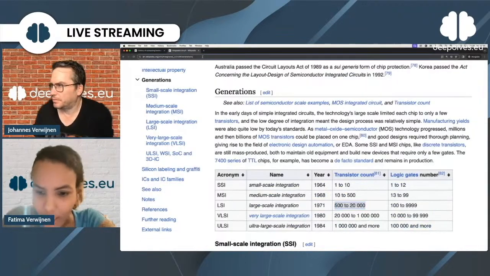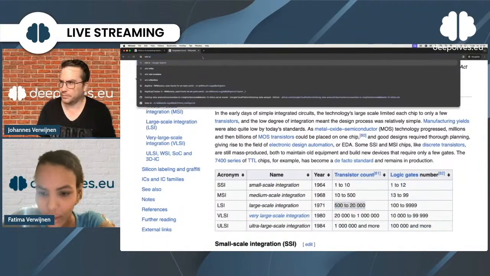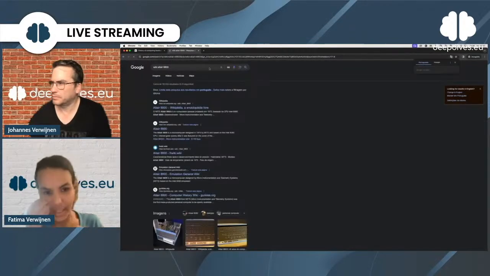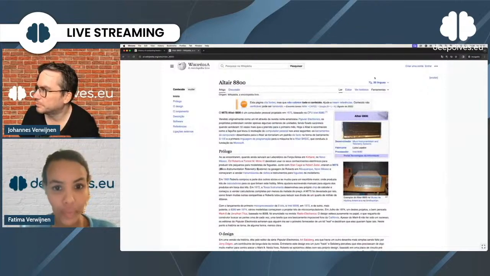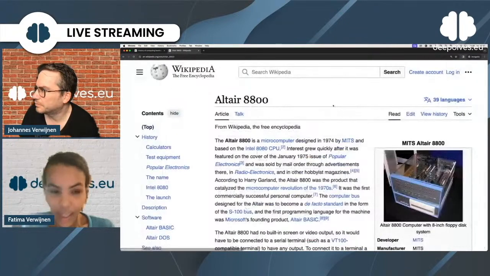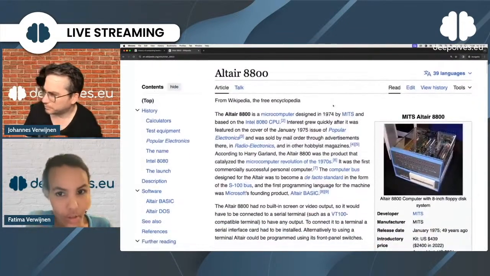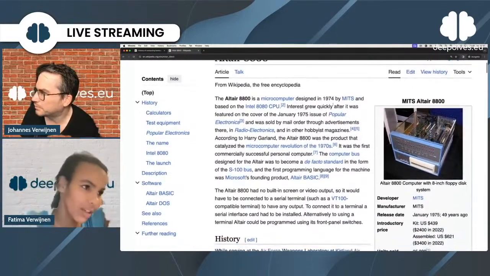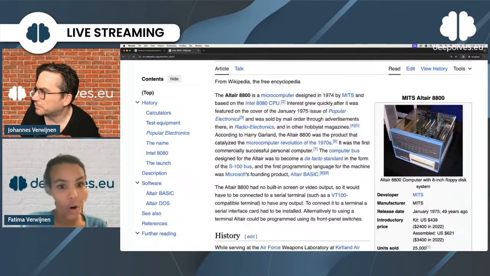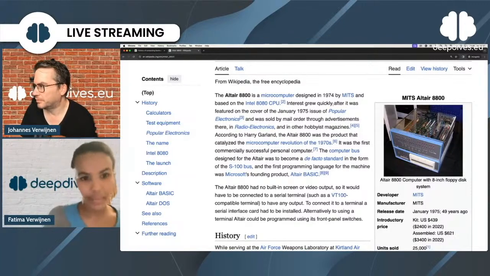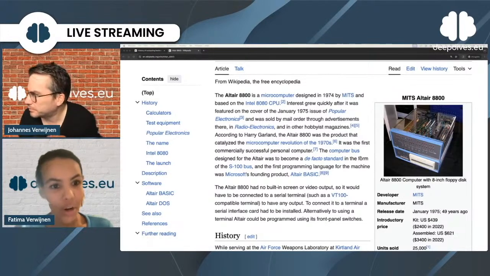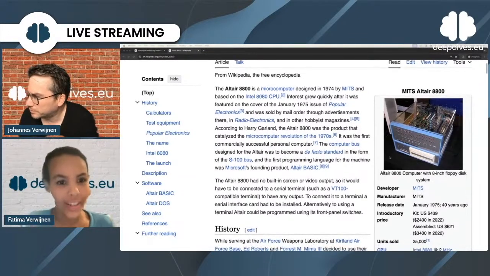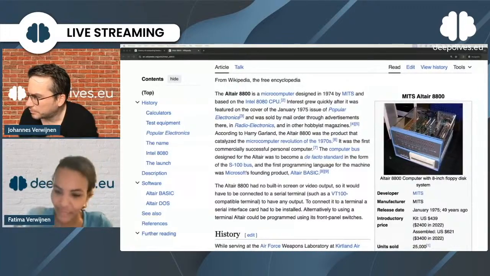So after the evolution of the microprocessor chip, obviously this opened up a lot of possibilities to bring computers from the army cellars to your home, which was obviously the next step that started happening. And the Altair 8800 is one of the first steps toward our laptops today.